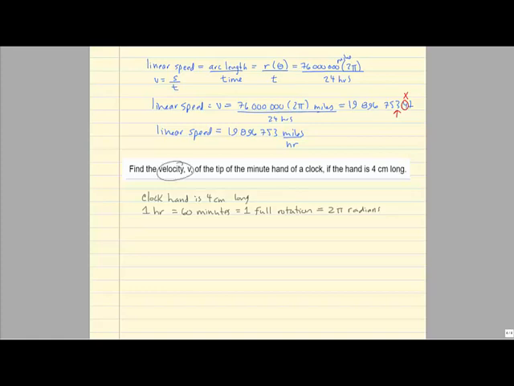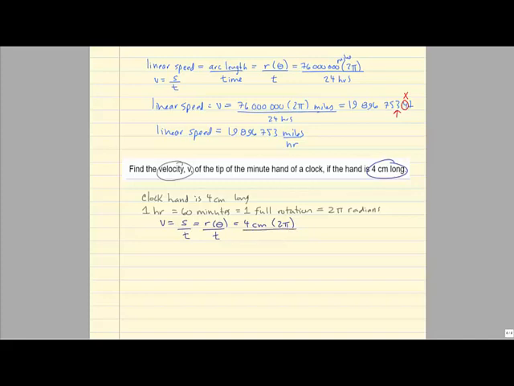So let's go ahead and write our formula for velocity. Velocity is equal to arc length over time. So arc length, if you recall, is r times theta, over time. R in this case is 4 centimeters, that was given to us up here. Theta we could figure out because it was only one full rotation, so that's 2 pi.